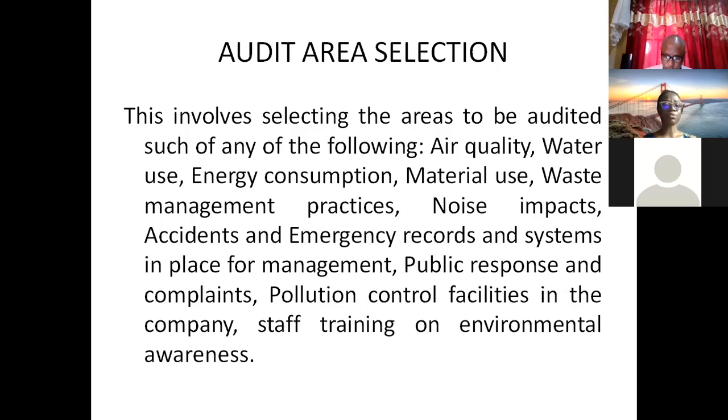Also, public response and complaints. If the company is receiving complaints from neighbors 2 facilities down the block, or 3 facilities further down, it's essential that they keep records of this. If you carry out an audit process, you might find out that there are opportunities to reduce the complaints coming from neighbors.